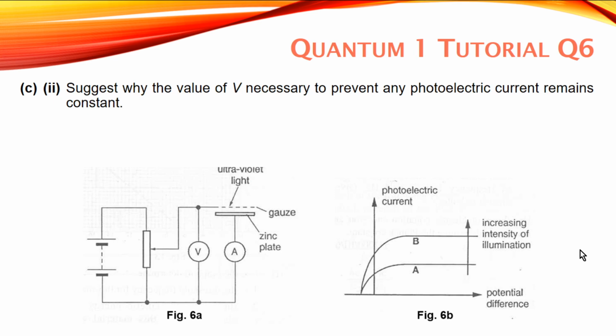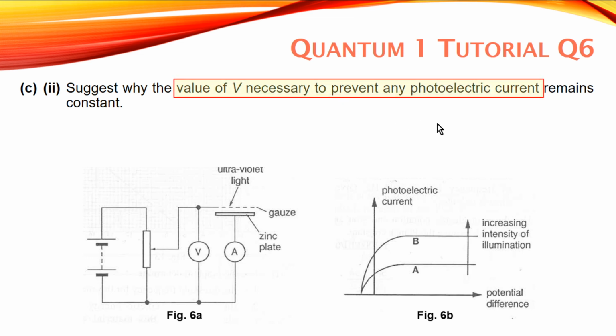Okay, C part 2 asks why the value of V necessary to prevent any photoelectric current remains constant. Well, if you look at this whole string of words, the value of V necessary to prevent any photoelectric current refers to this V value.